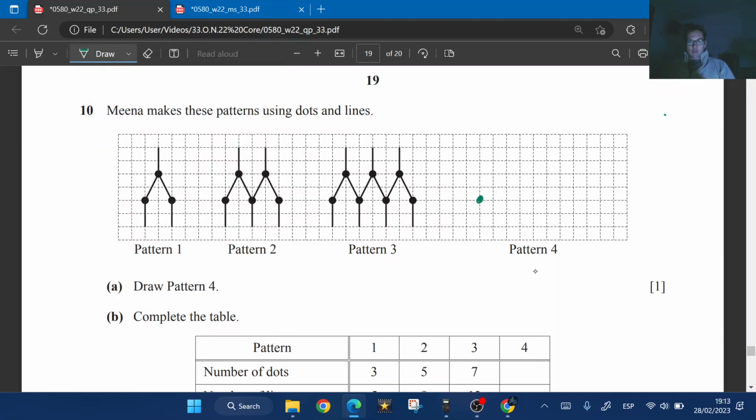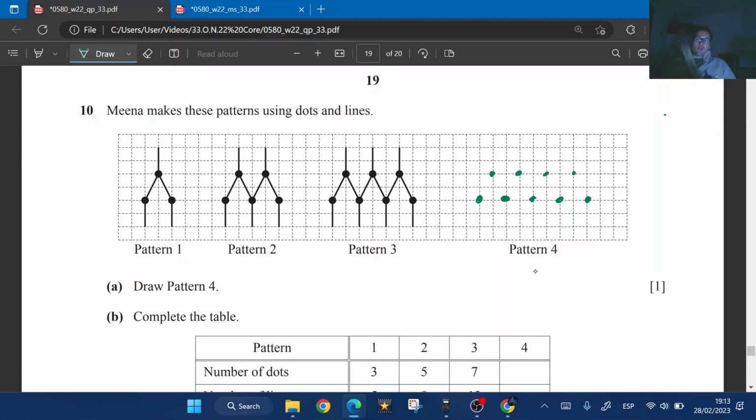You see now there's a dot, 2 squares, another dot, 2 squares, another dot, 2 squares, another dot. And this time we're going to have one more. Then above that, there's a dot, a dot, a dot, and this time we got 4.